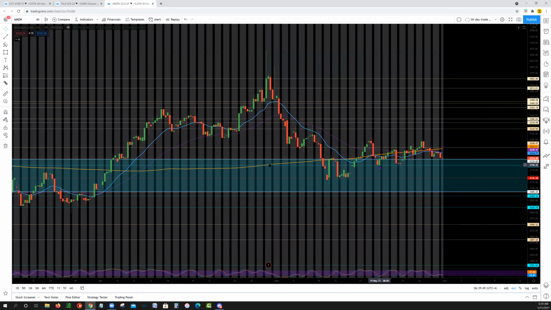Pulled back down. Buyers stepped in at 3190s. Buyers held us above 3190s, pushed us back up to 3260s, pulled back to 3220s, pushed back up to 3260s, above that, made a higher high here. Then we curved and came right back down through it. And so now we're hovering right above the 3220s.